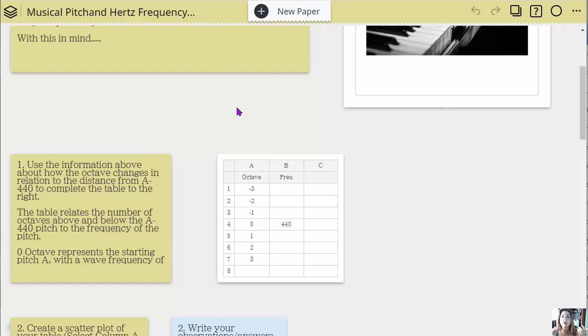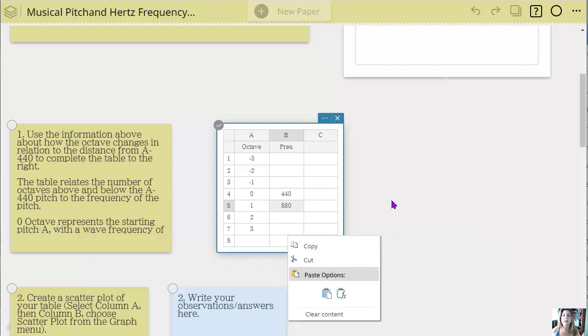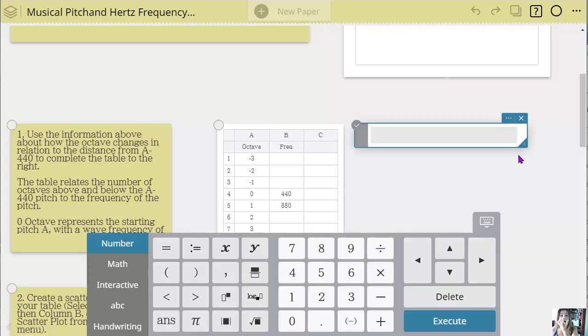They have to use this information to figure out what these numbers are. If the 0 is our starting pitch at 440, what would it be if I went up one octave? It says it doubles every octave, so I should be able to do this in my head. If I double that, my next one is 880. But what happens when I go to the second one? I could be calculating these by hand.